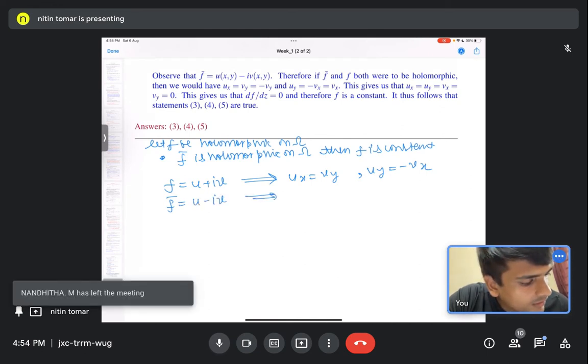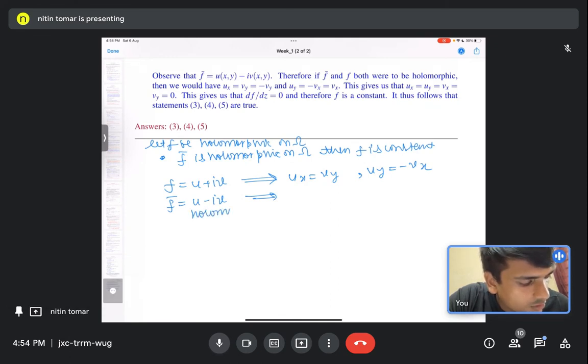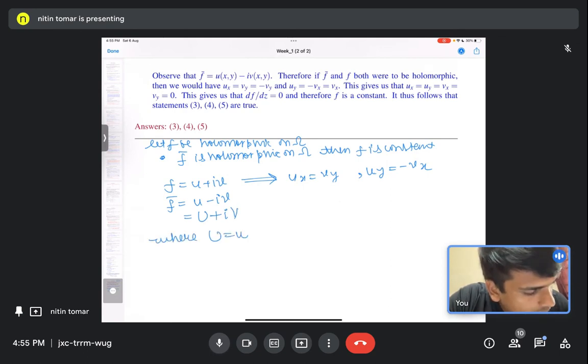If this is also holomorphic, then... it is confusing, so let me write u minus iota v as capital U plus iota capital V, where capital U is small u and capital V is minus v.